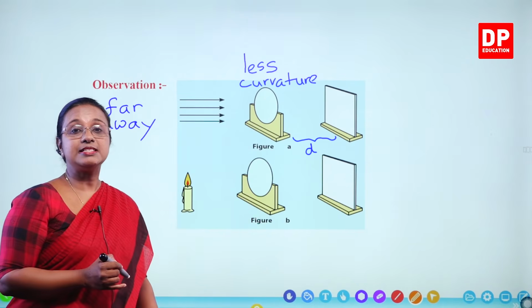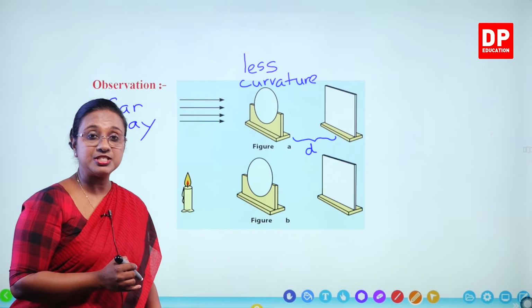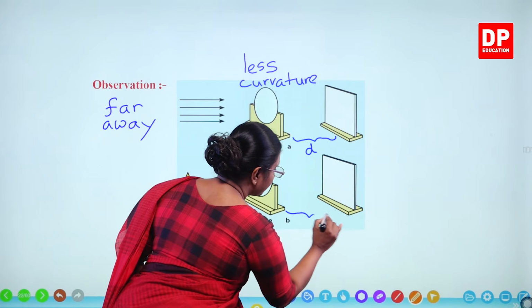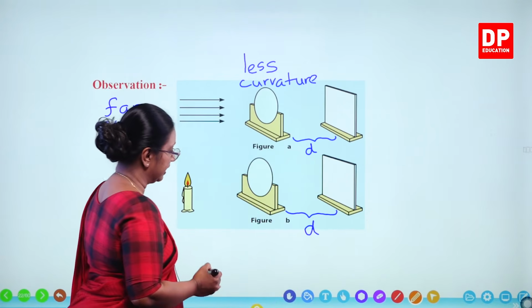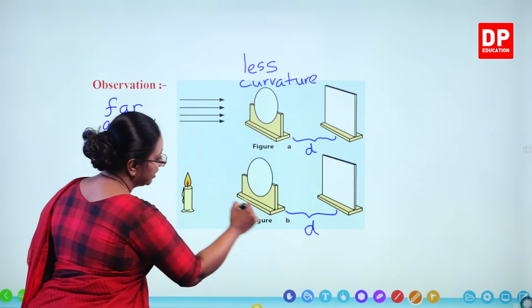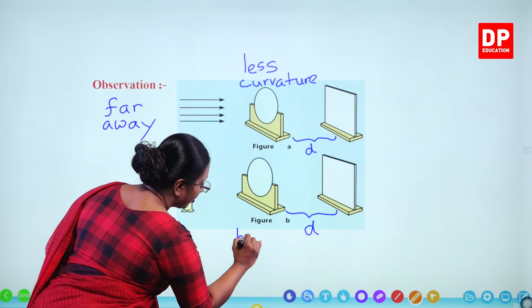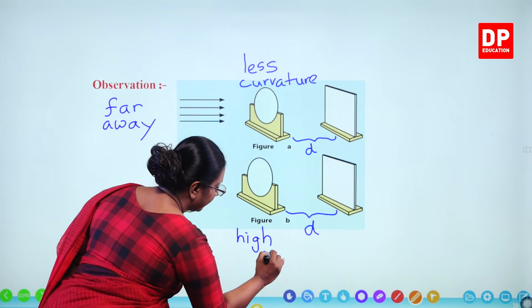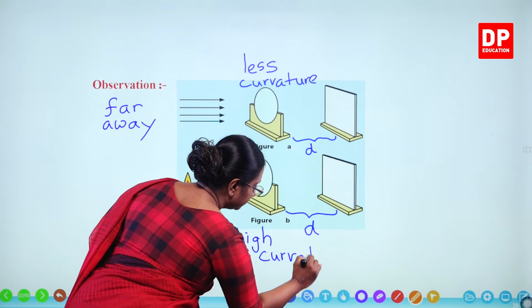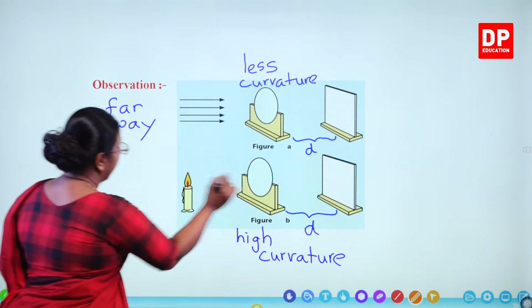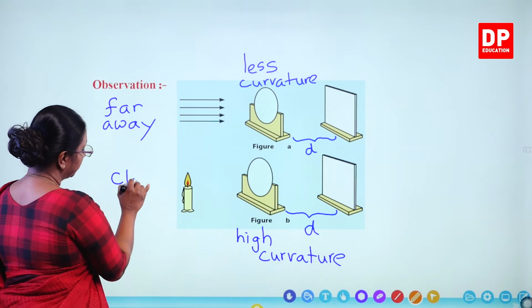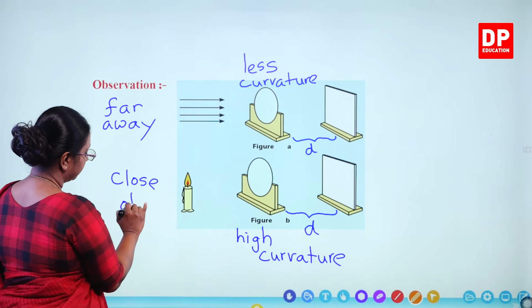Then in the second step, did we change the image distance? No. So that was also kept as D. But what we did was we changed this lens. This was with high curvature. And the object is a close object.